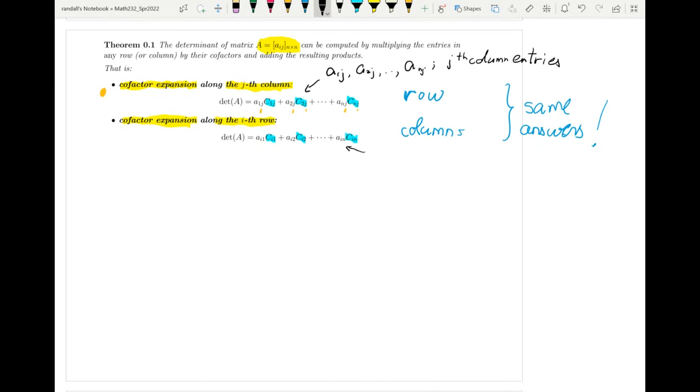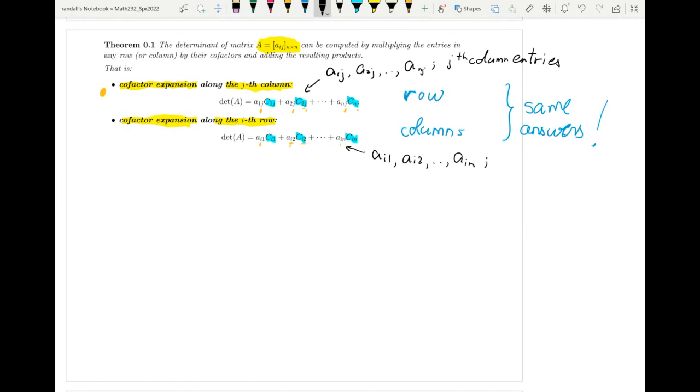Whereas down here, if I look closely at the indices, I see a, i. Notice along the ith row, all these indices have an i in them, and it's the first component, and it's fixed. Notice the indices in both of these are the same in the cofactor as they are in the entry. So a_i1, C_i1, etc. The i's are always the same in all these entries, but it's the second component that's changing. So I see a_i1, a_i2, all the way down to a_in.